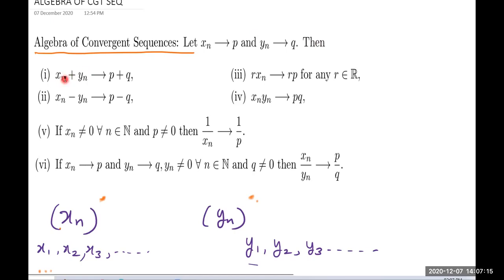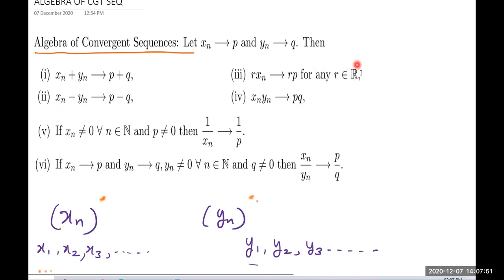So xn plus yn. So I'm talking about a new sequence xn plus yn, and the hidden part here is that it is also convergent, and it converges to p plus q. So when I say xn plus yn sequence converges to p plus q, मैं ये obviously बोल रही हूँ कि sequence xn plus yn is also convergent. ये है ही, इसीलिए तो उसका limit कौन है? p plus q. Second क्या है कि subtraction किया. So sequence xn minus yn converges to p minus q.